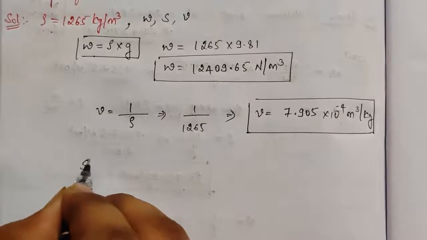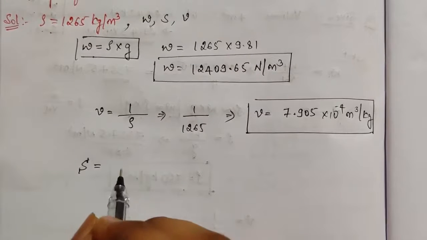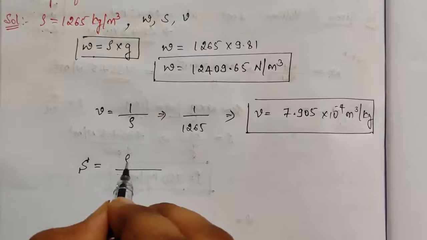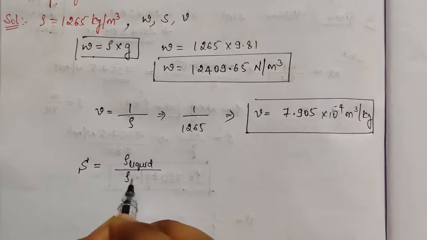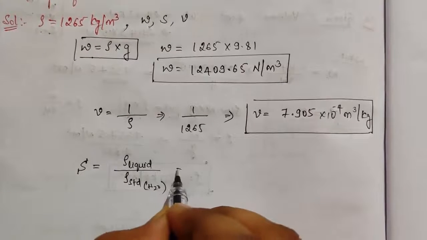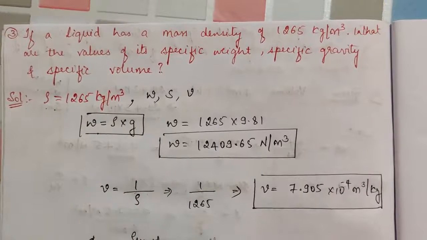Now specific gravity. In this problem we will calculate it by density. The density of this liquid is given relative to the standard liquid. The standard liquid is water. What is the density of the given liquid? That is 1265.